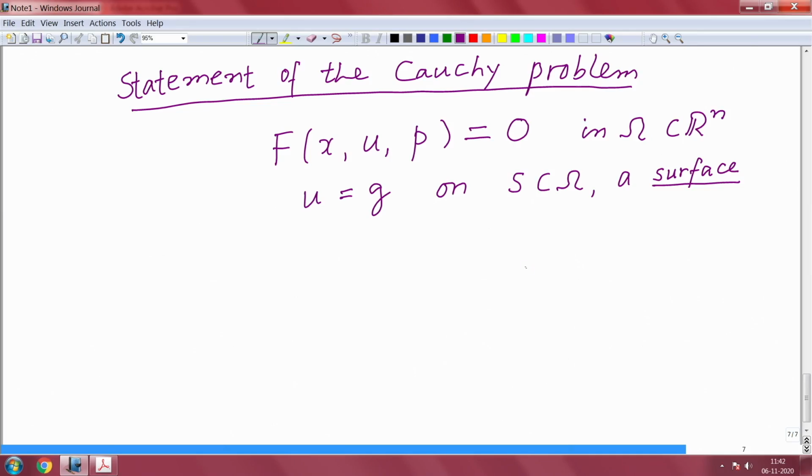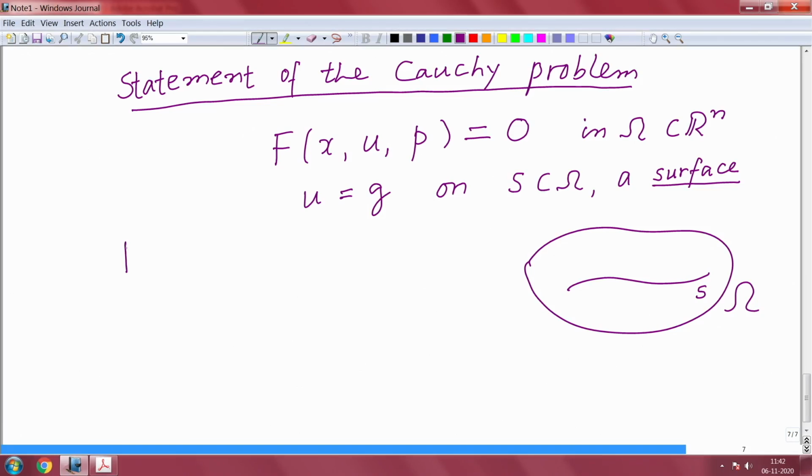So, this is omega again and this is S. The problem is to find a C1 solution u, because we require the first derivatives only.